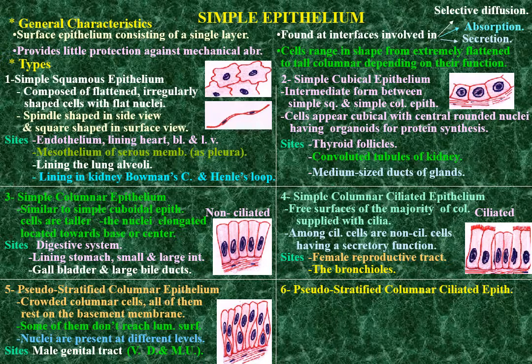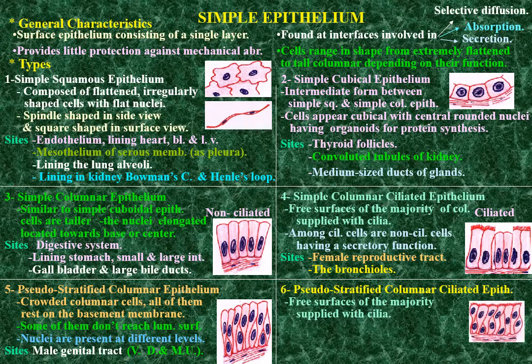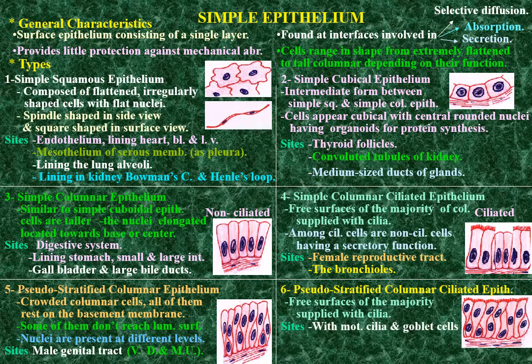Pseudostratified columnar ciliated epithelium structure. The free surfaces of the majority of pseudostratified columnar epithelial cells are supplied with cilia. Sites. With motile cilia and goblet cells, pseudostratified columnar ciliated epithelium is present lining the upper respiratory tract, trachea, and bronchi.